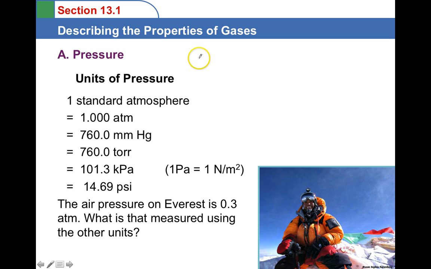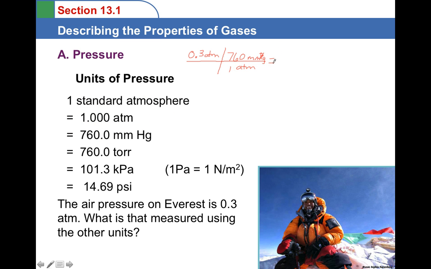If we have 0.3 atmospheres, and we don't want atmospheres, let's convert it to millimeters of mercury. Atmospheres goes on the bottom, and millimeters of mercury goes on the top. 760 goes on top with 1 atmosphere on the bottom, because 1 atmosphere is equal to 760 millimeters of mercury.